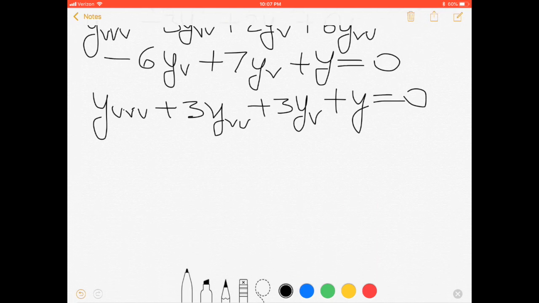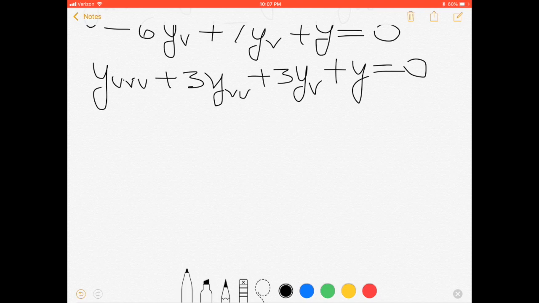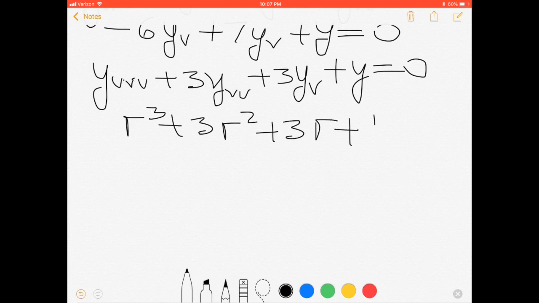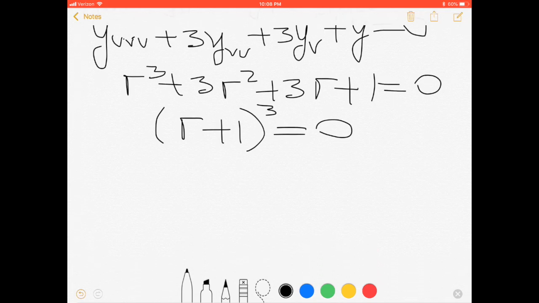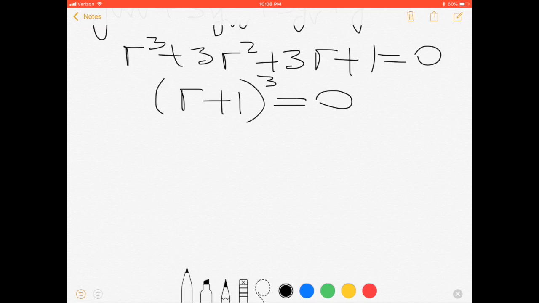Okay, bingo, we have a homogeneous equation with constant coefficients. This means our characteristic equation will be r cubed plus 3r squared plus 3r plus 1 equals 0. Okay, looks like we have (r plus 1) cubed equals 0. This means we have r equals negative 1, 3 times.